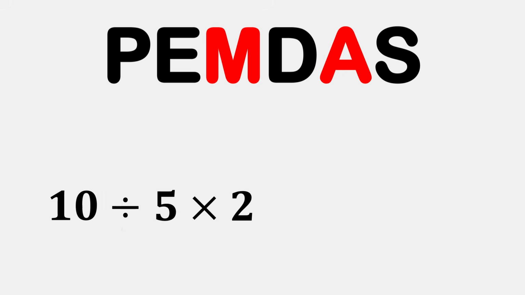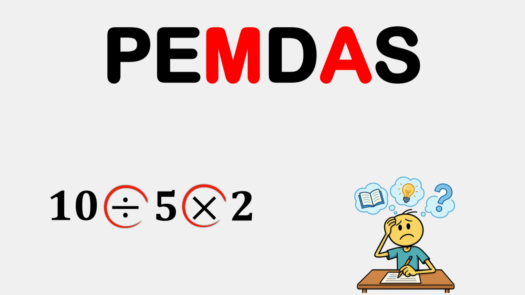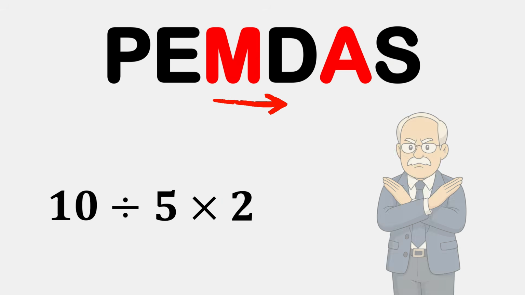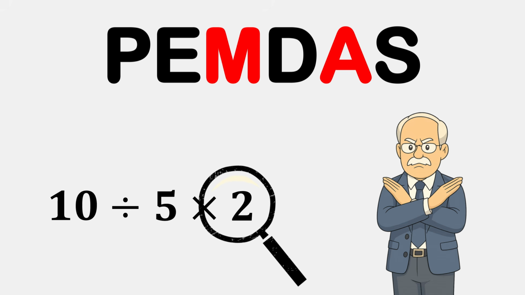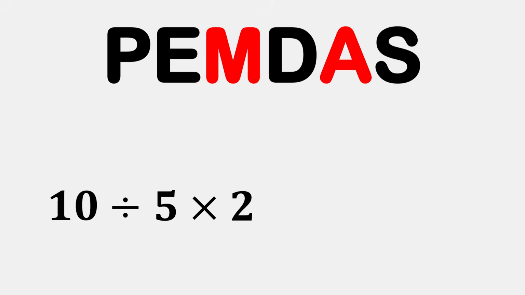But here is the part that trips most people up: multiplication and division. These two are actually on the same level of priority. Just because M comes before D doesn't mean you always multiply first. Instead, you scan the problem from left to right and do whichever one appears first. For example, look at this: 10 divided by 5, multiplied by 2.